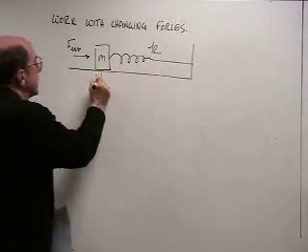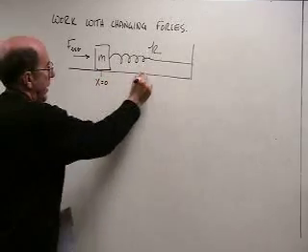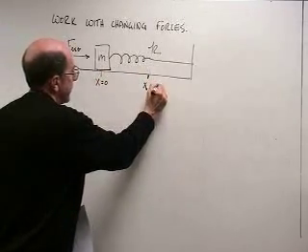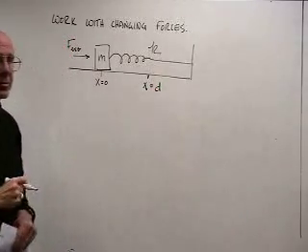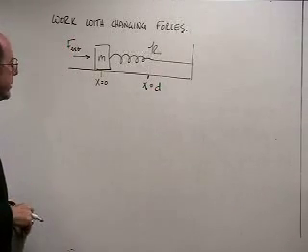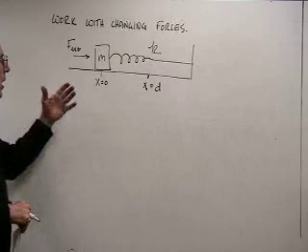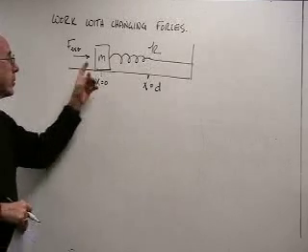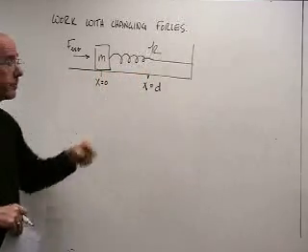Let's start off at x is equal to 0 and compress it till I get x is equal to d, just to put some values in. Okay. I want to know how much work I have to do to move this mass from there to there.